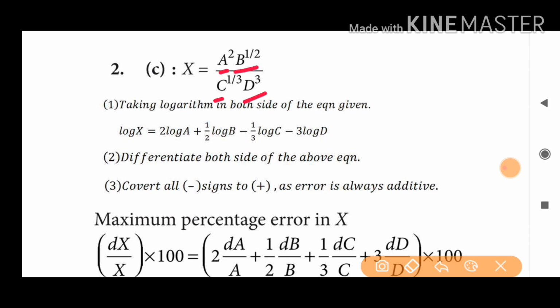Okay, fine. Now what you have to do? First take logarithm on both sides of this equation.